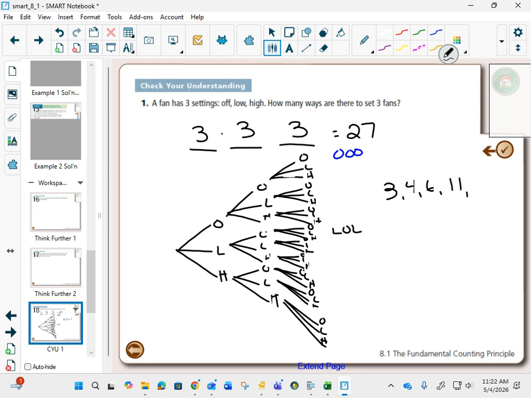They will get more difficult when we learn other strategies. But right now we've learned the fundamental counting principle. You need to make a space for every decision. And in that space, you put the number of choices. And then multiply them together to find out the total number of possibilities.